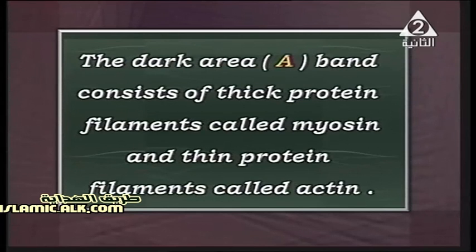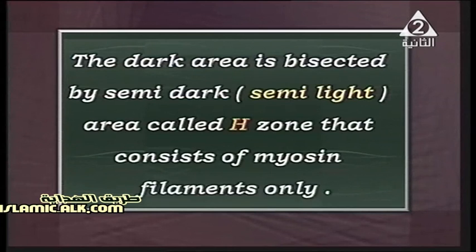The dark area is called the A band. It consists of thick protein filaments, which are named myosin. Well, the dark area is bisected by a semi-light area called the H zone, which consists of myosin filaments only.